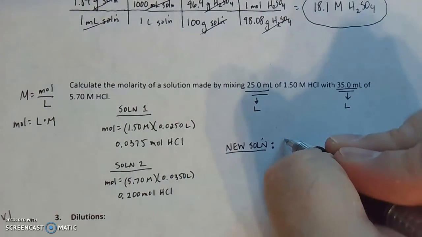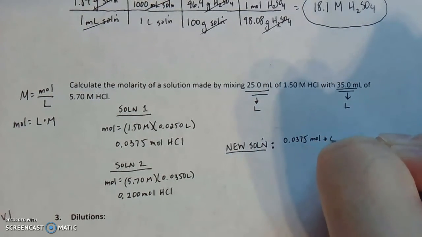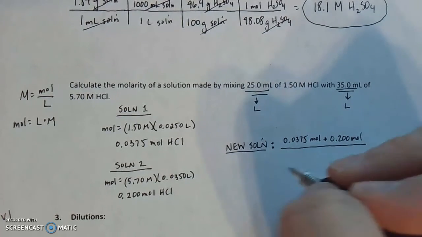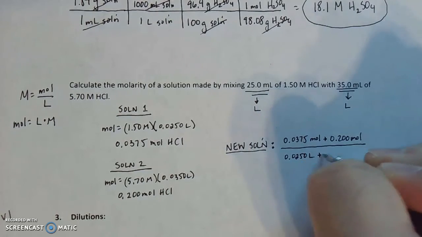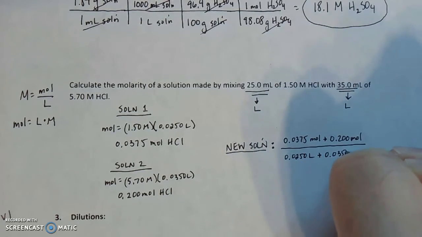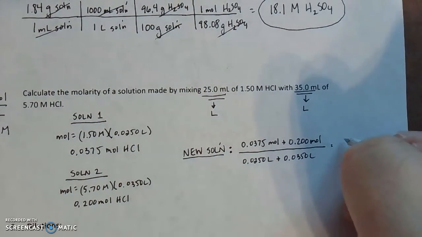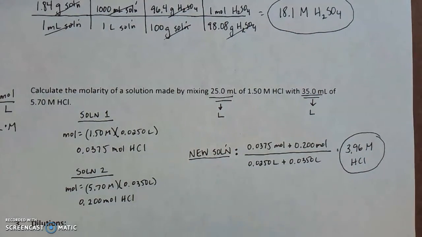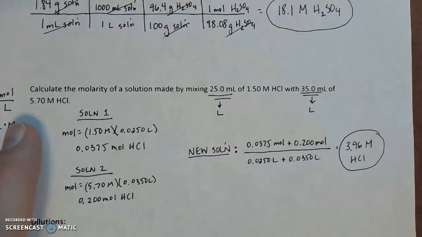So I can add the number of moles together, and I can add our volumes together, and when I divide the two, I get 3.96 molar HCl as my answer. That is between the two given molarities.